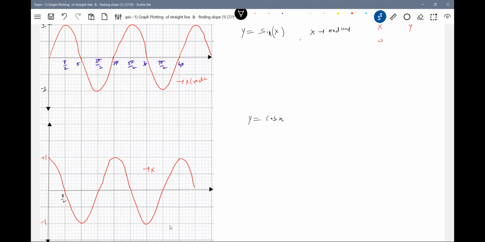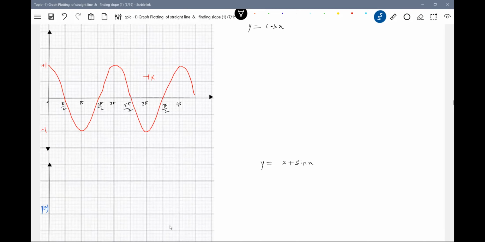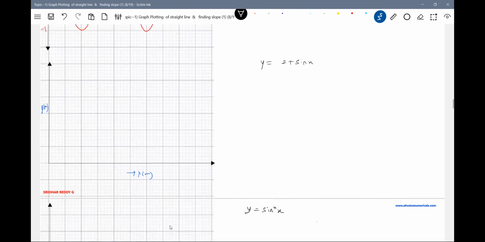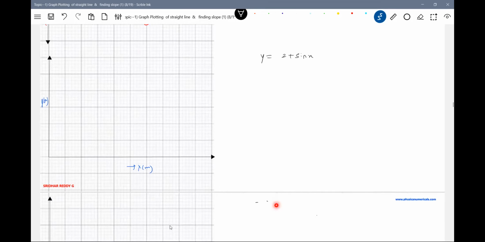So this will be pi by 2, 0, pi, 3 pi by 2, 2 pi, 5 pi by 2, 3 pi, 7 pi by 2, 4 pi. Now y equal to 2 plus sine x.